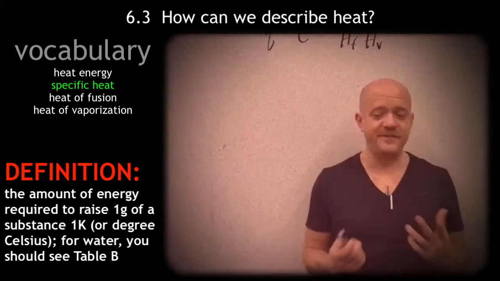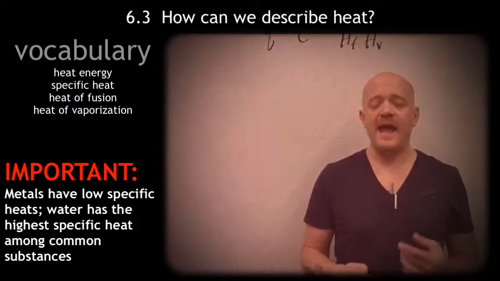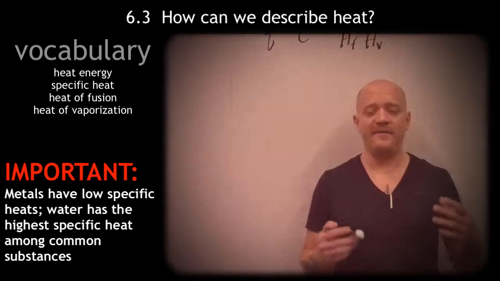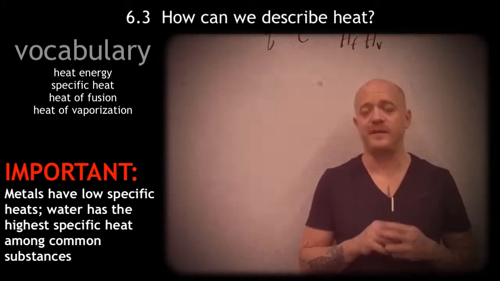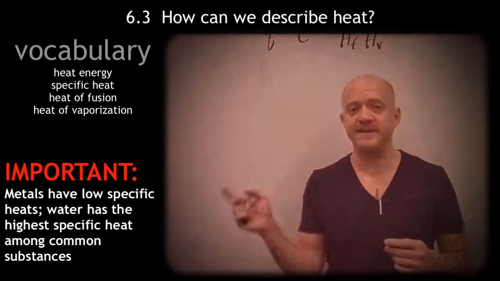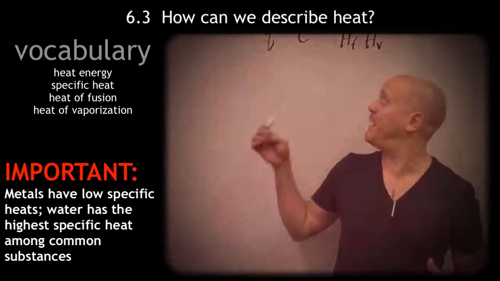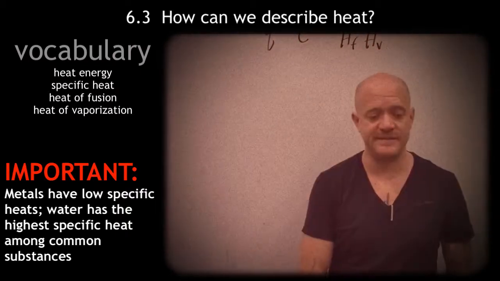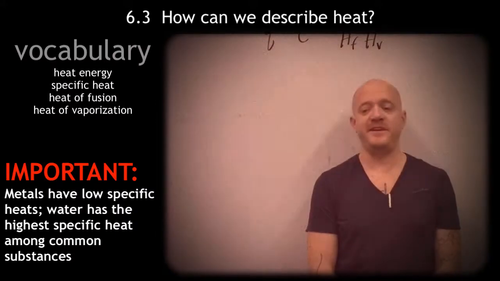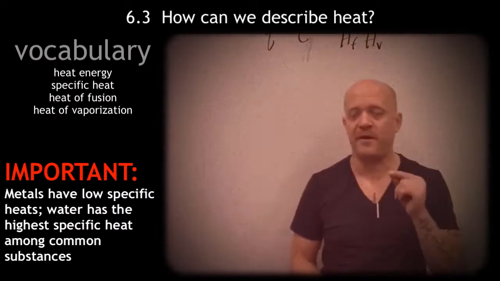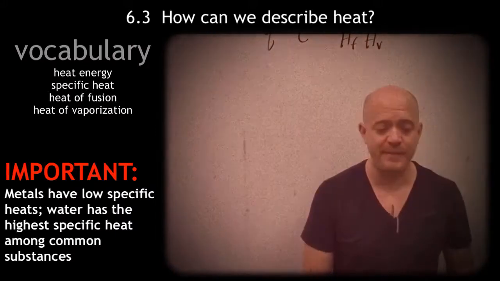And specific heat is different for different objects. As you recall, metals have a high heat conductivity, so metals will absorb heat and transmit heat energy fairly rapidly. So metals tend to have a low specific heat. A very high specific heat is found in water. And of all the common substances, water has the highest specific heat capacity.